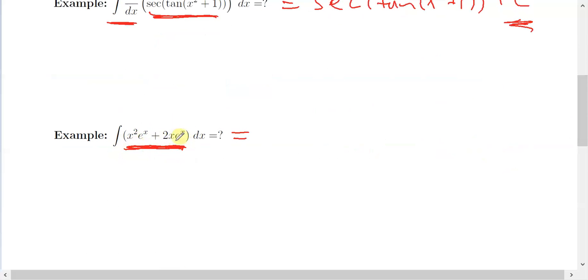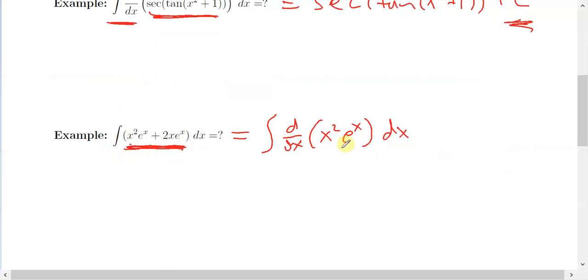Now you might look at each piece separately, but look at it all together. When do I get two terms coming out of a derivative? It comes out of a product rule. So if you look at this carefully, someone took the derivative of x squared e to the x. Because if I do that, I take the derivative of e to the x times x squared plus the derivative of x squared times e to the x.